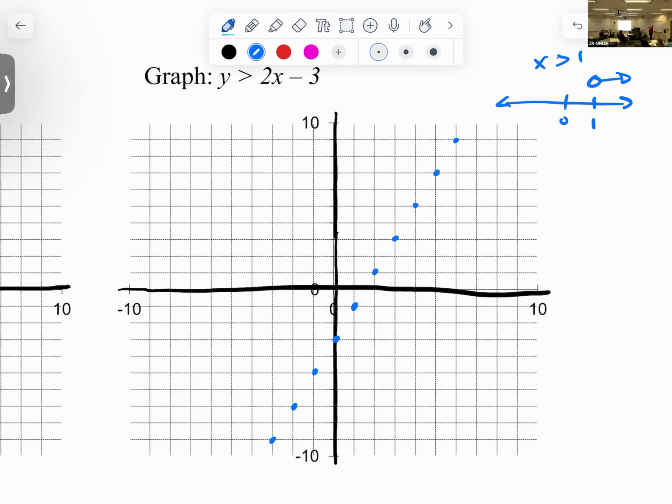So when we move this to 2 dimensions, we need the equivalent of an open circle. For a line, an open circle is basically a dashed or dotted line, however you want to identify that. This is what represents an open circle in 2 dimensions.